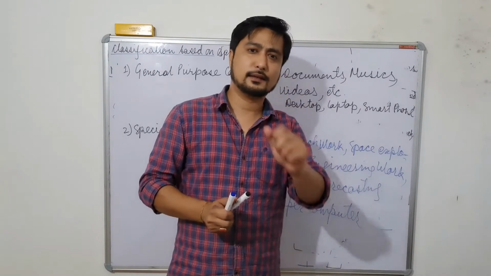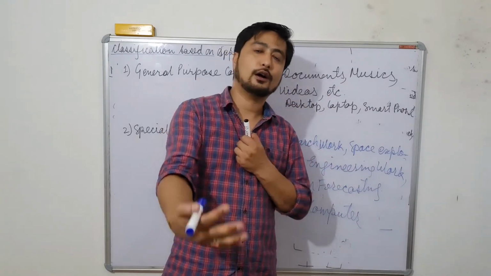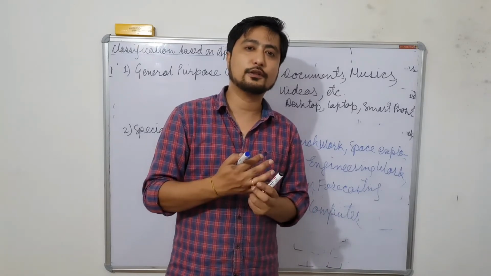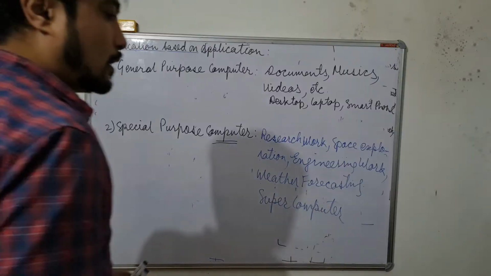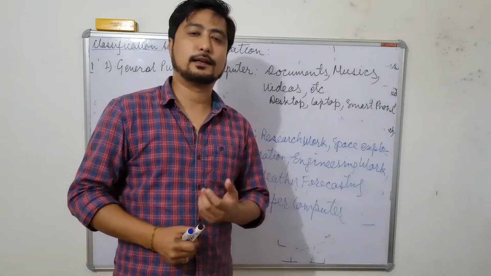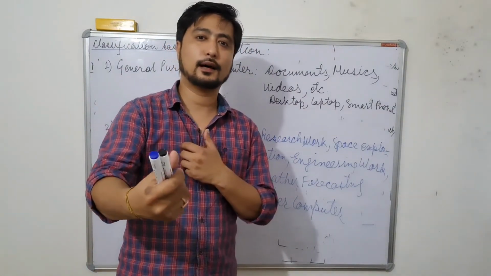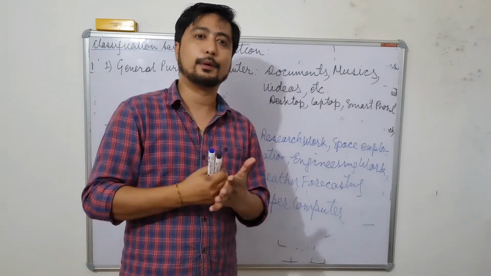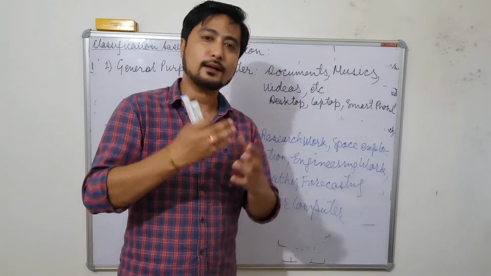And now next is digital computer. The computer which understands the language of zeros and ones. The example of this digital computer is our microcomputer. We can say our microcomputer, laptop, PC, all these are digital computers.